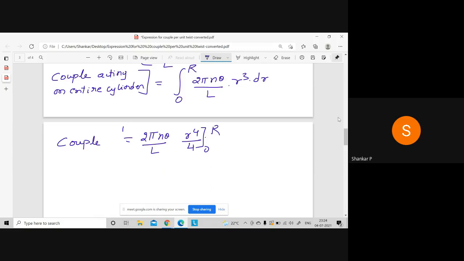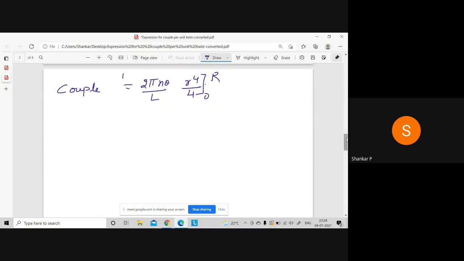So it will be 2 pi n theta by L, capital R power 4 by 4. Since 2 twos are 4, it will be pi n R power 4 into theta by 2L. So this is the couple acting on the cylinder.